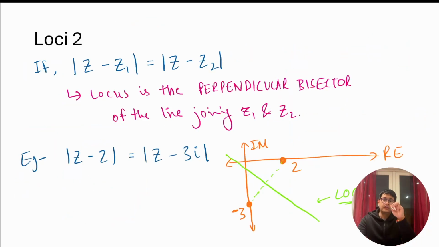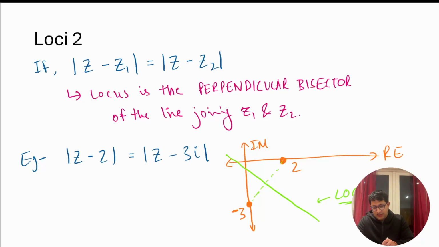Now, the third type of loci, this is actually the most unique one, is when the loci will be a perpendicular bisector, as in a line that's going 90 degrees perpendicular through the middle of an imaginary line connecting 2 points.